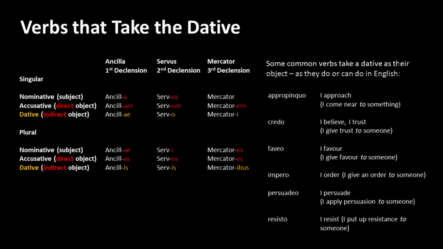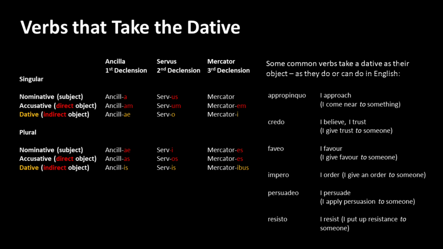Appropinquo, already used that, I approach. And you can translate that into English, just about I suppose, as I come near to something. Credo. I believe in this. I trust in that. Faveo. I favour. I give favour to someone.